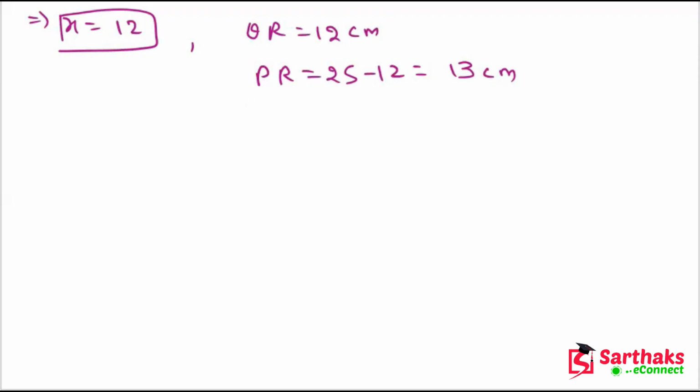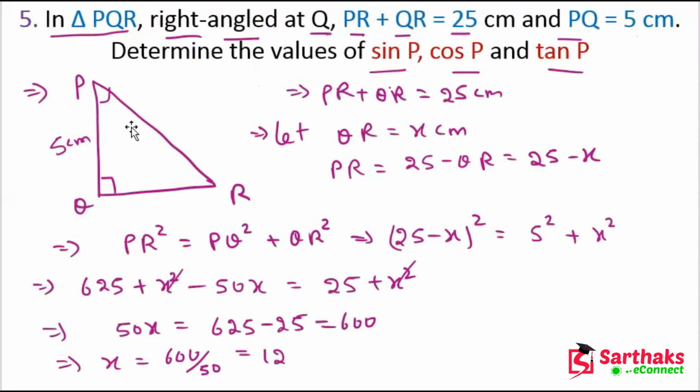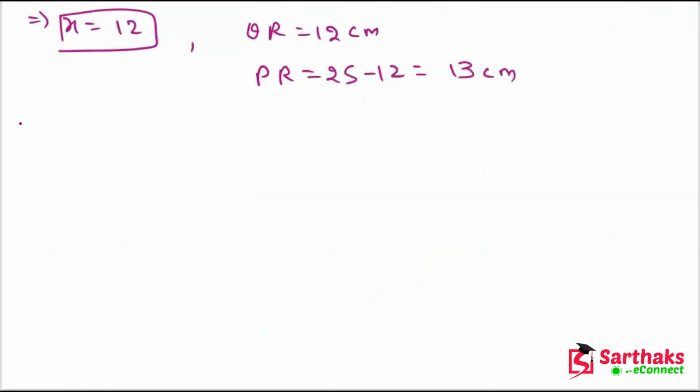Now we have PQ, PR and QR. Now we can easily find the value of sin P, cos P and tan P. So now we have to find the value of sin with respect to P. We have the triangle like this, this is our P, Q and R. What is sin P?